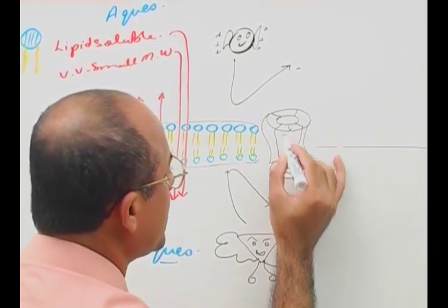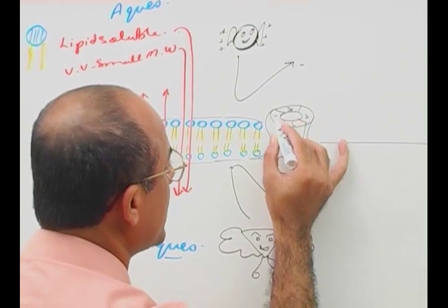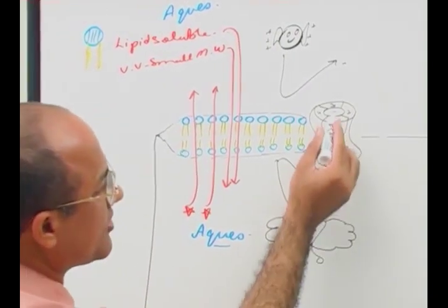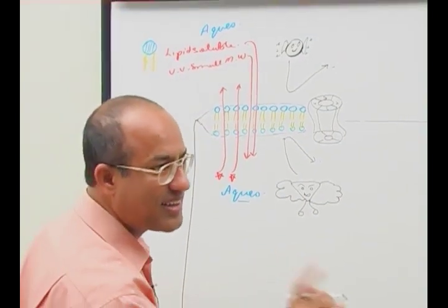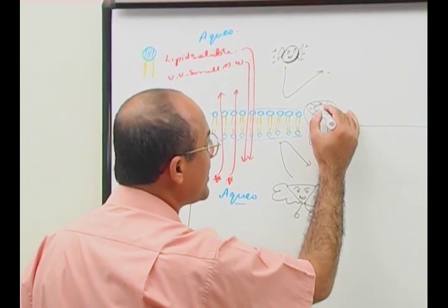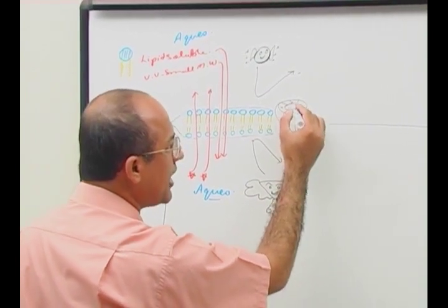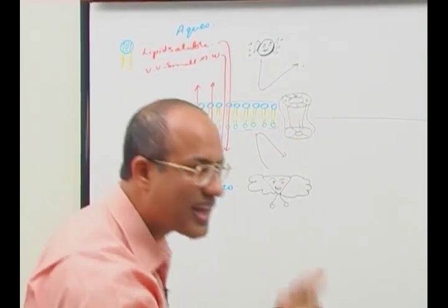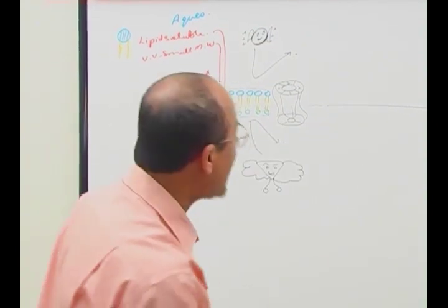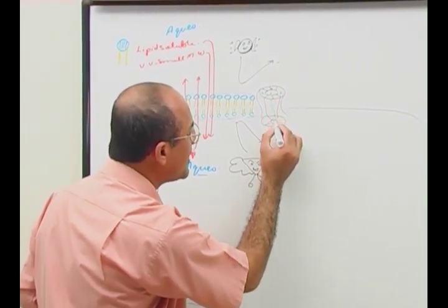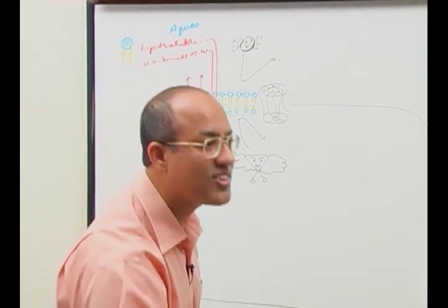Suppose this is one peptide chain, this is second, this is third, this is fourth, right? And these peptide chains are arranged in such a way that in the center of this molecule there is a longitudinal tunnel. This is a water-filled tunnel. We call it aqueous channel.